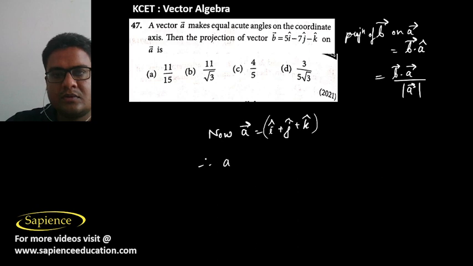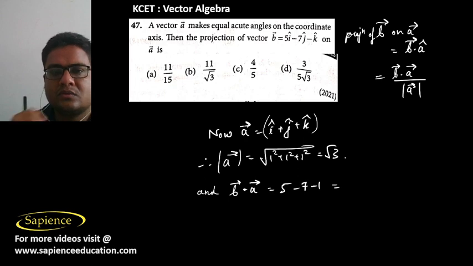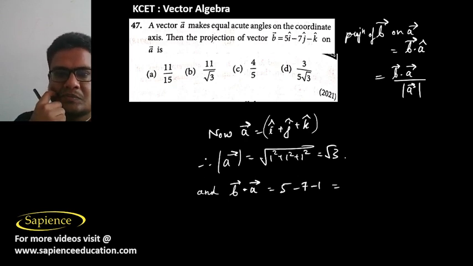Therefore magnitude of A vector is square root of 1 square plus 1 square plus 1 square, and B dot A vector is equal to 5 minus 7 minus 1. So 5 minus 7, 5 minus 8, that is 3.